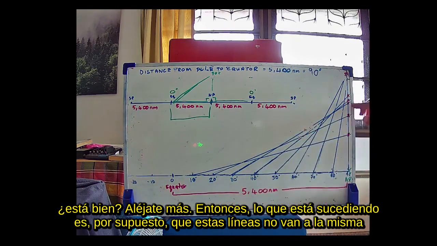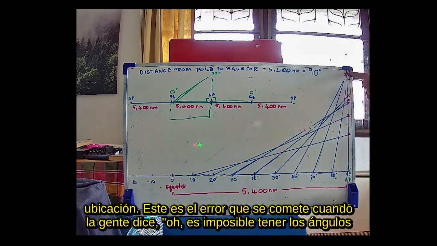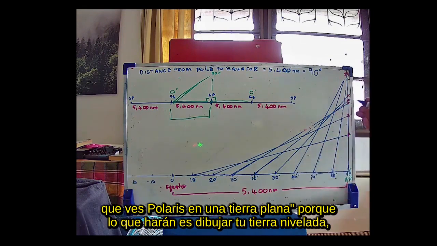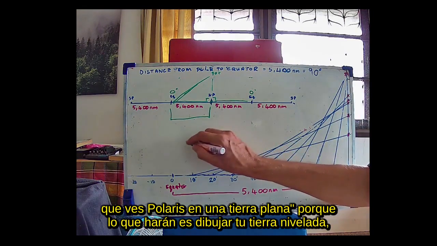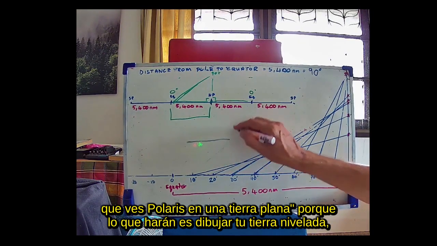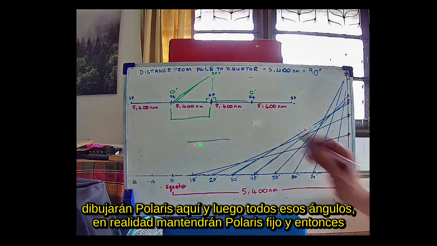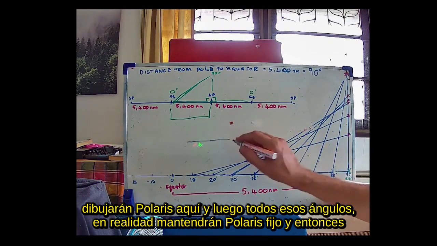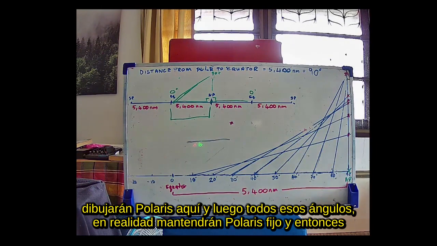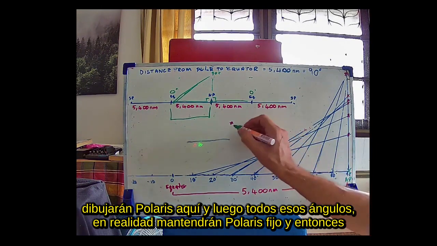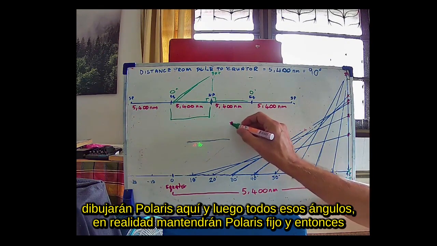So what's happening is, of course, these lines are not going to the same location. This is the mistake that is made when people say, oh, it's impossible to have the angles that you see Polaris on a level Earth, because what they will do is draw your level Earth, draw Polaris up here, and then all those angles, they'll actually keep Polaris fixed.